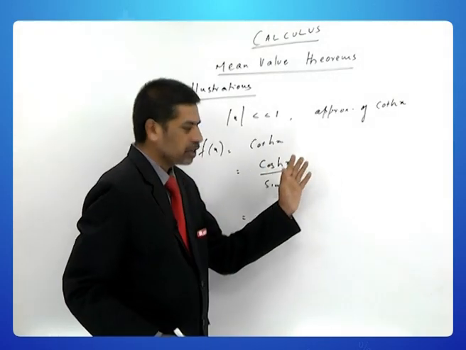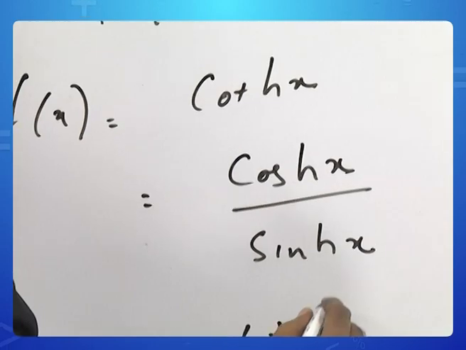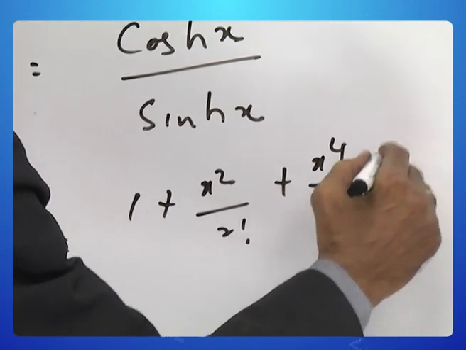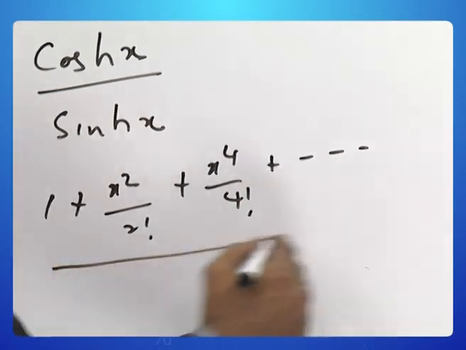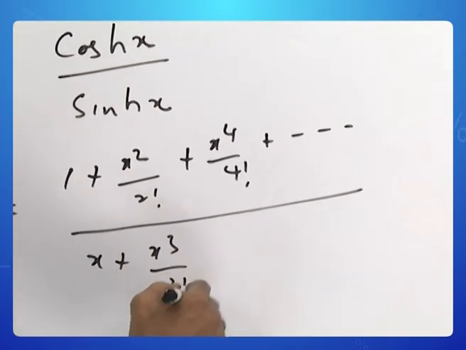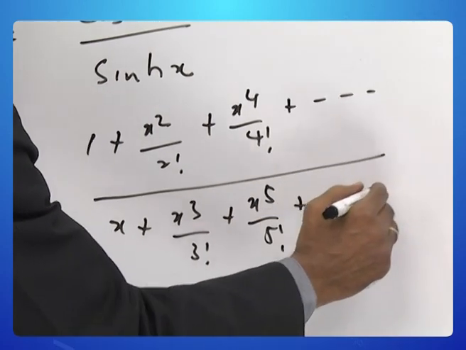Now, we can give the expansions of these two functions as 1 plus x square by 2 factorial plus x power 4 by 4 factorial and so on, by x plus x cube by 3 factorial plus x power 5 by 5 factorial and so on.